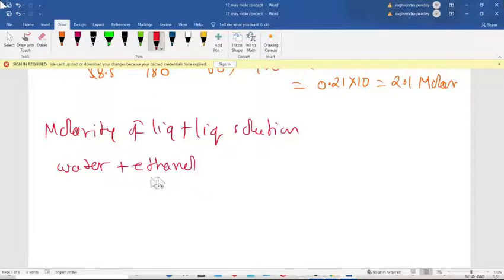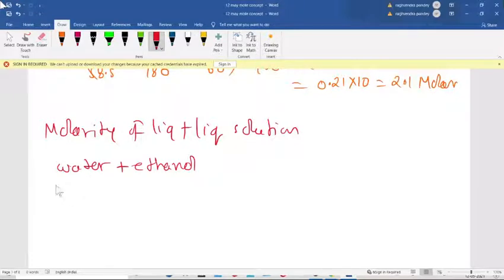Okay, water plus ethanol. Normally I'm just taking 99.99% pure ethanol. Ethanol is there in wine and beer and all these drinks. So here I'm taking water plus 100% pure ethanol. Whichever is the smaller amount in ml, that will be solute. Whichever is the larger amount in ml, that will be your solvent.